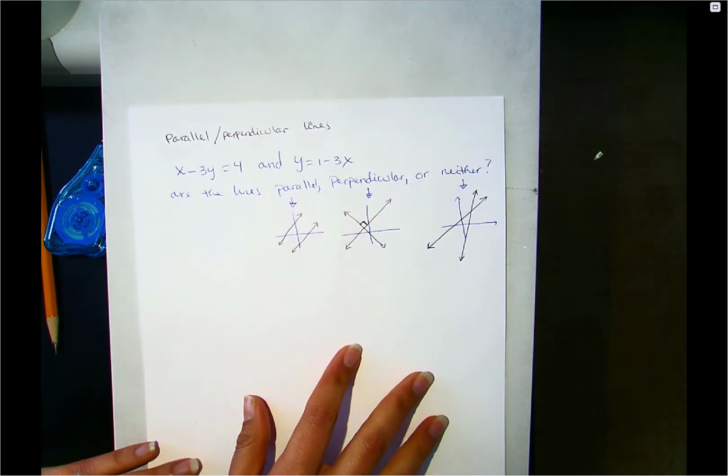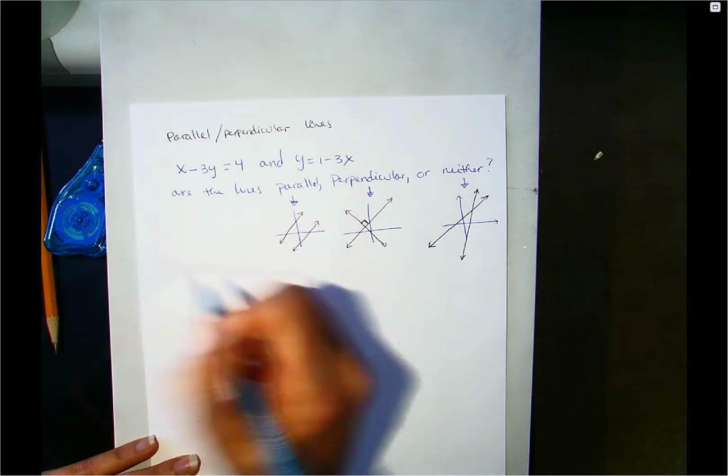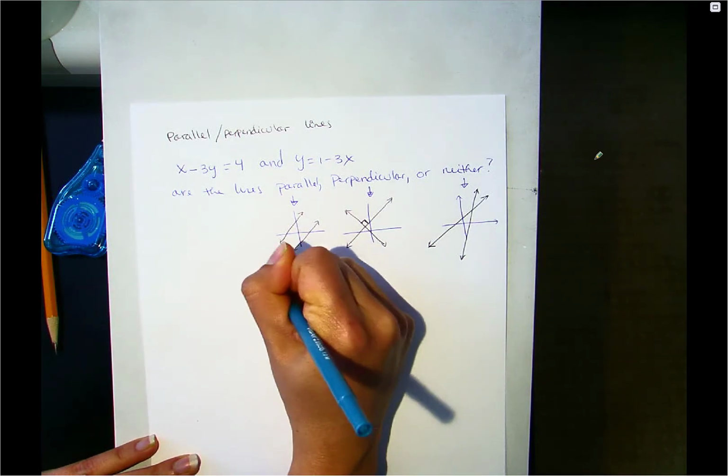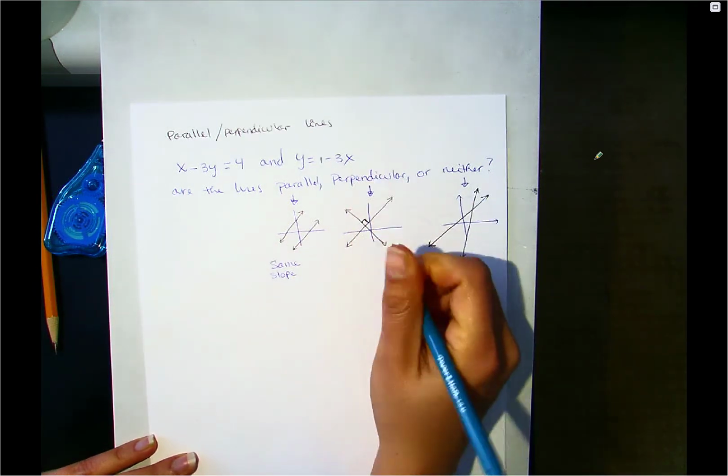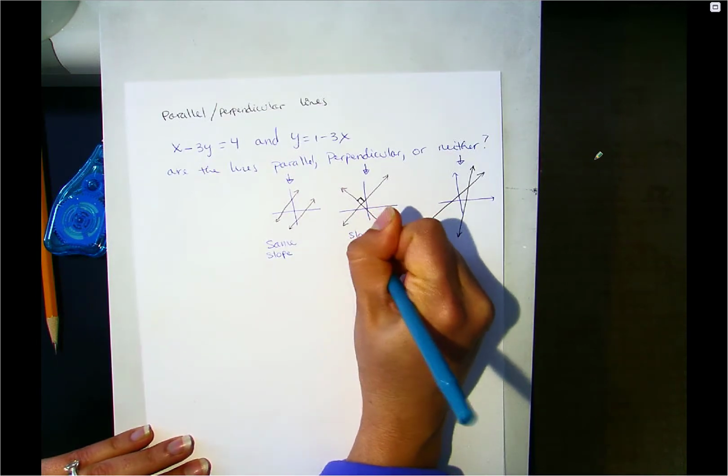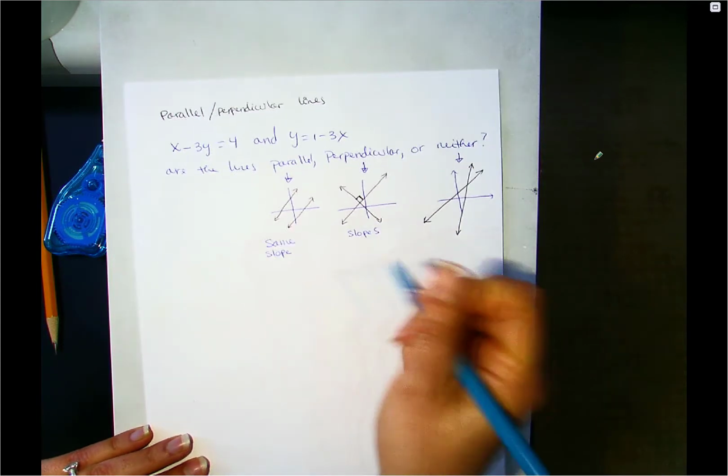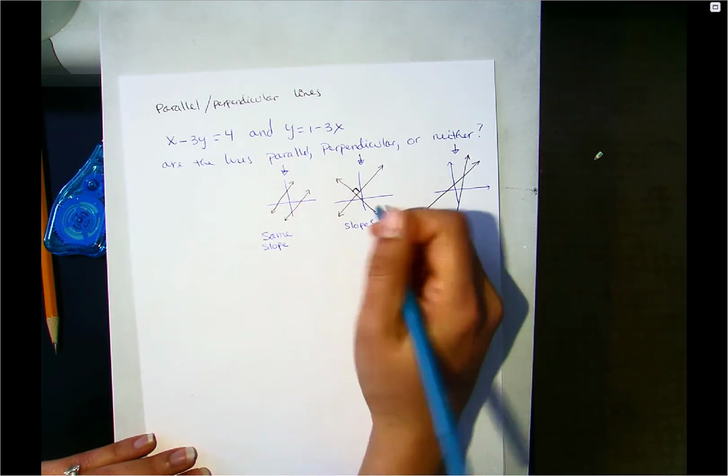So we talked about parallel lines have the same slope. Perpendicular lines have the slopes, one way to say it and capture the reciprocal part.